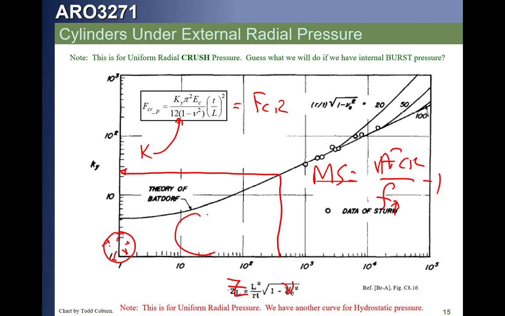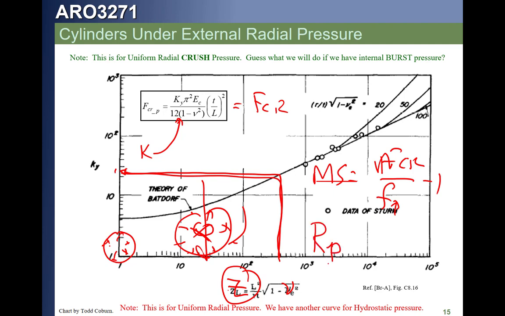But if we have a burst pressure and it's coupled with something else that can cause buckling, like torsion or transverse shear or axial load or bending, then we will account for the burst pressure in the same way by calculating a Z, calculating the K, and then what we will do is we'll get the stress ratio due to that pressure, and we will use that to stiffen our cylinder against buckling, and that will be explained on a following slide.